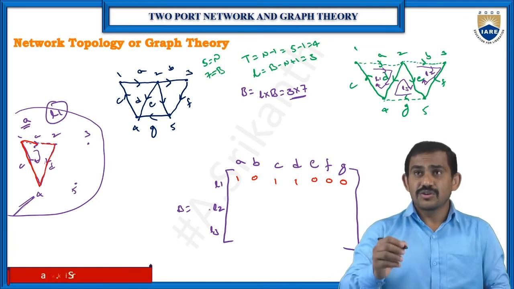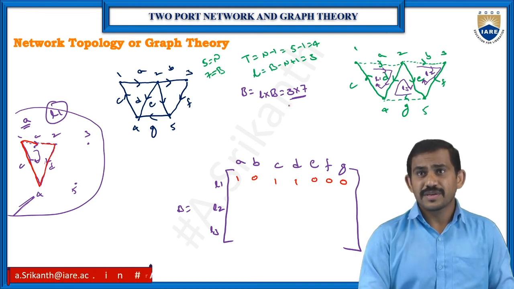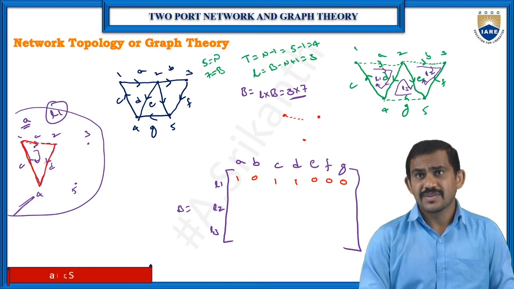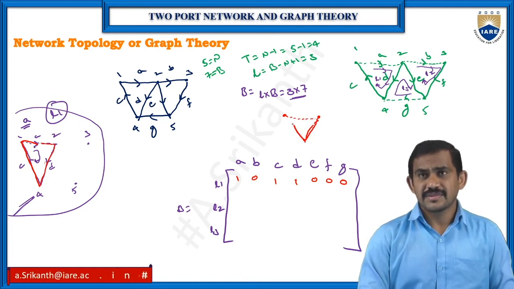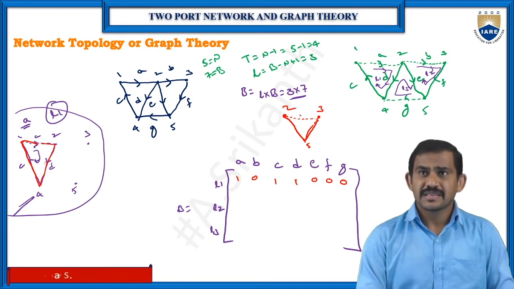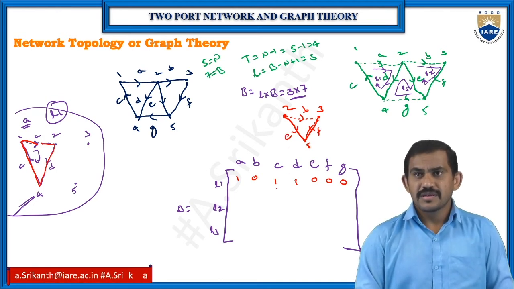Coming to the second loop, the b value. For b we have between 2, 3 and 5. So b is your co-tree, and this is your tree and this is your tree. So 2, 3 and 5 again have 3 branches: b, f and e. Now observe.